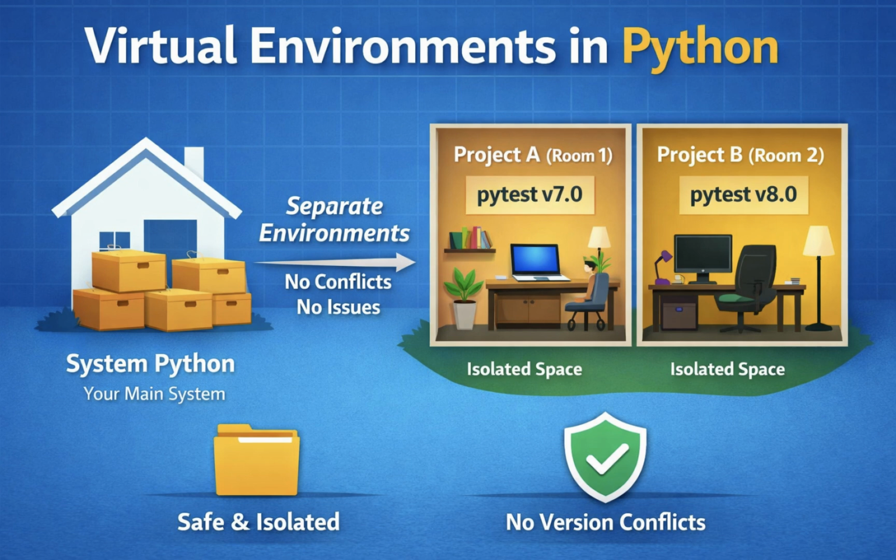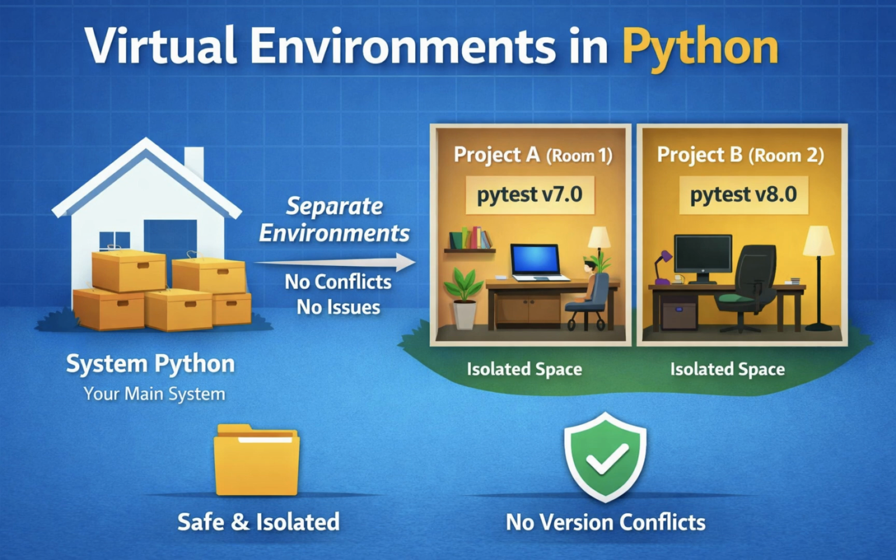So if we install PyTest globally, these two projects will use the same version and there could be a conflict. One of them would stop working because one of them would need version 7, which is not compatible with the latest version 8.